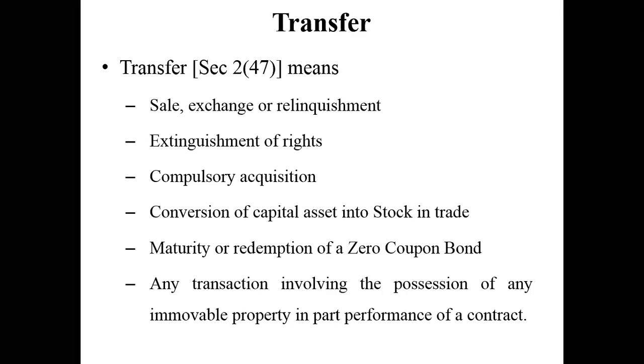Next is compulsory acquisition. I think I can clearly give you an example of what happened to the famous villa of Vijay Mallya in Goa. The court declared that since he is not able to pay the money back, they ordered State Bank of India compulsory acquisition of his villa in Goa.